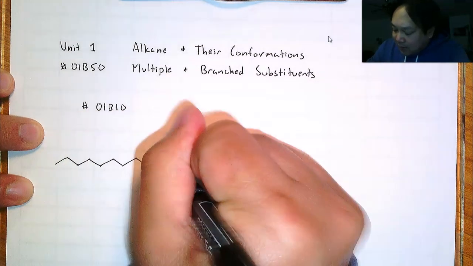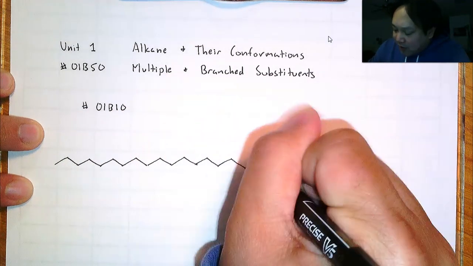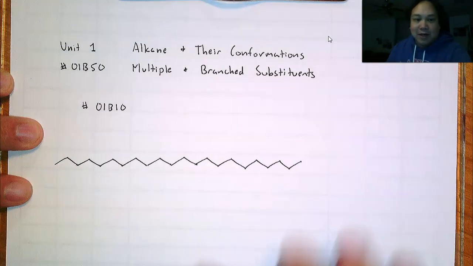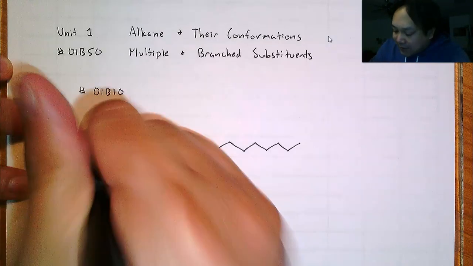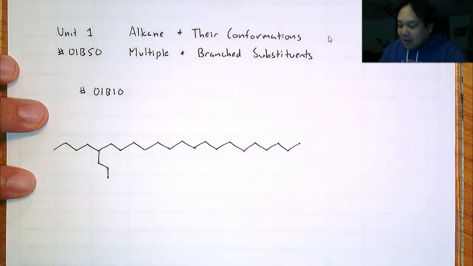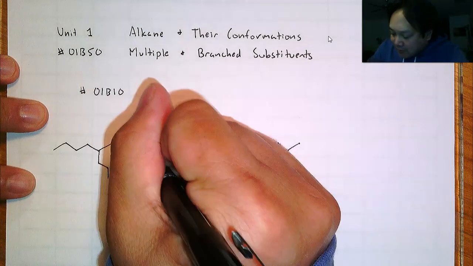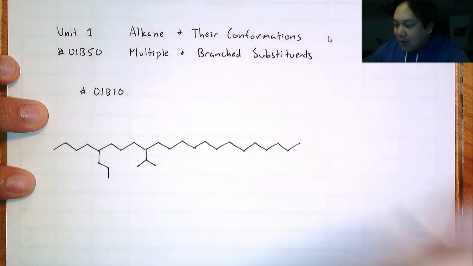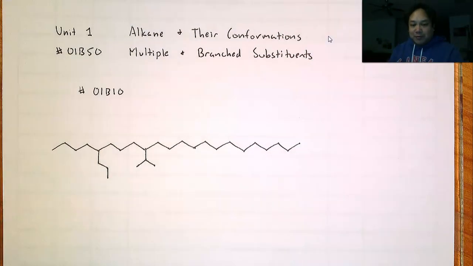Let me draw a very long parent chain. Here we have a propyl group, 3 carbons. But if you arrange those 3 carbons as such, you get what's called an isopropyl group.